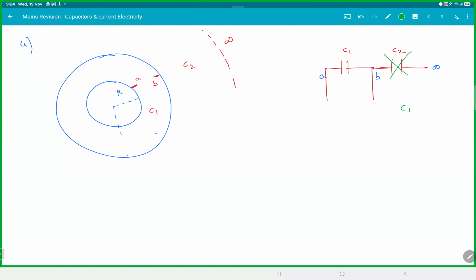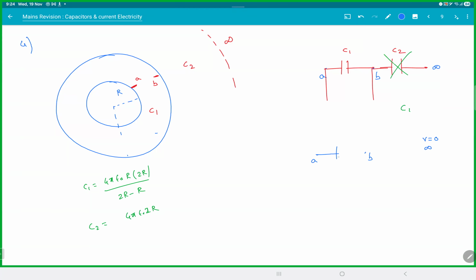And you know how to calculate C1, C2, right? I will leave it to you that C1 will be 4 pi epsilon r 2r by 2r minus r. C2 will be 4 pi epsilon 2r. But when you close the switch, same story, A, B, infinity, whose potential is 0, ground is also 0.